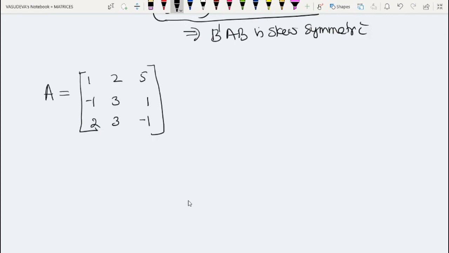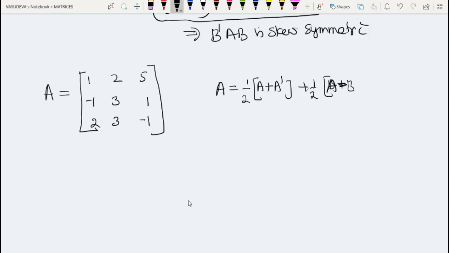So this matrix can be expressed as the sum of a symmetric and a skew symmetric matrix. That means you can write A as half into (A plus A') plus half into (B plus B').